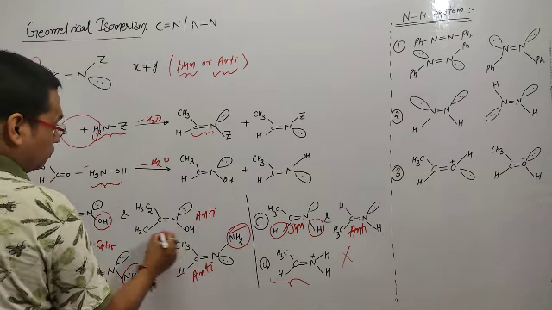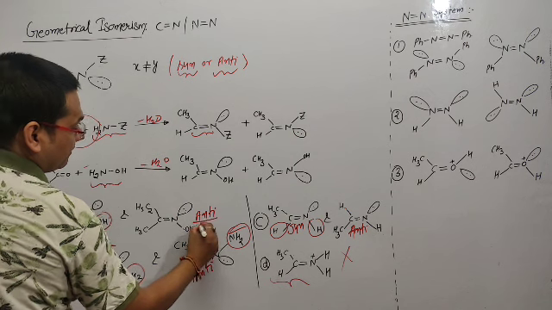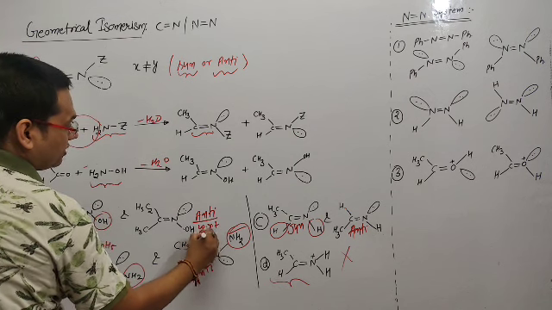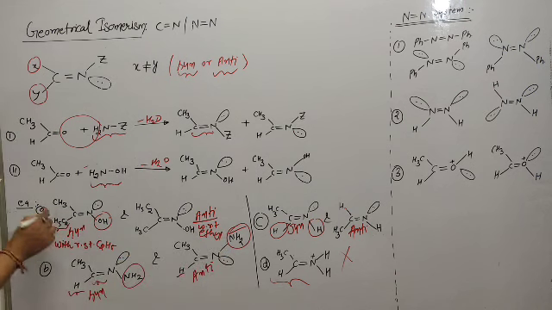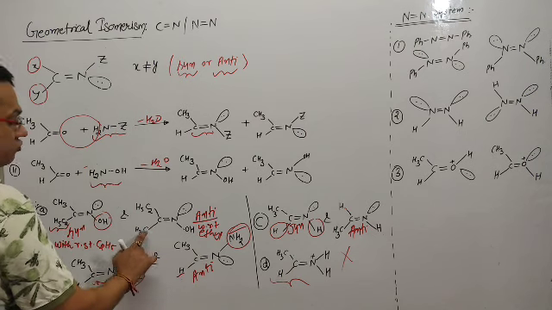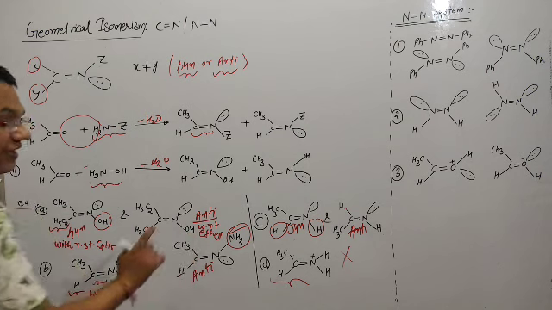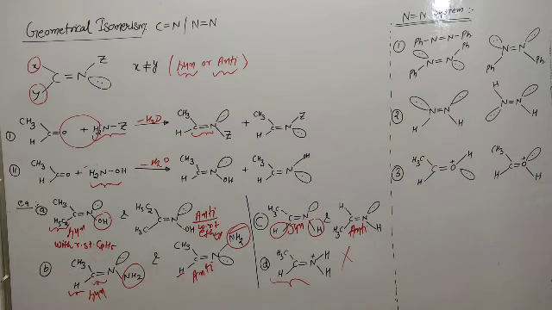With respect to ethyl, this is anti. If we say with respect to methyl, because this OH group is in the anti position with respect to the methyl group, you are saying here anti with respect to methyl, and with respect to methyl you are saying this is syn.